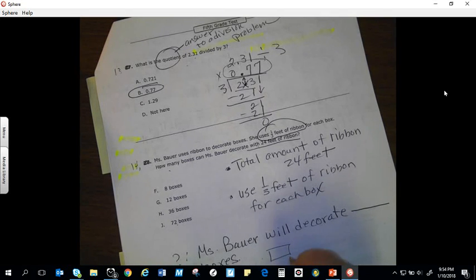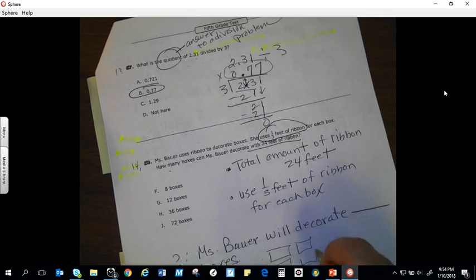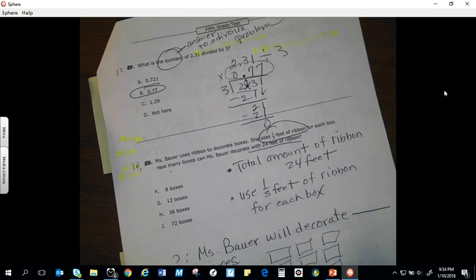1, 2, 3, 4, 5, 6, 7, 8, 9, 10, 11, 12, 13, 14, 15, 16, 17, 18, 19, 20, 21, 22, 23, and 24.